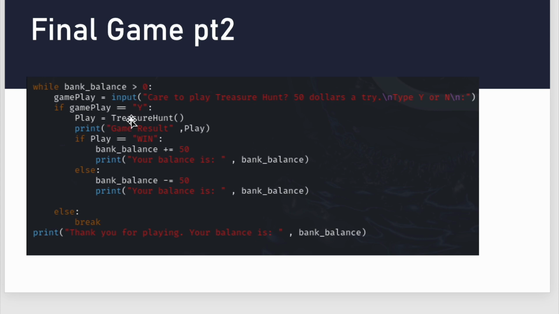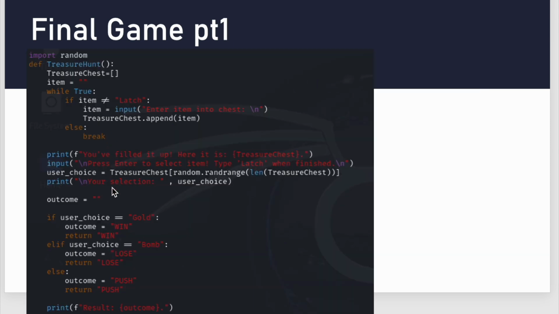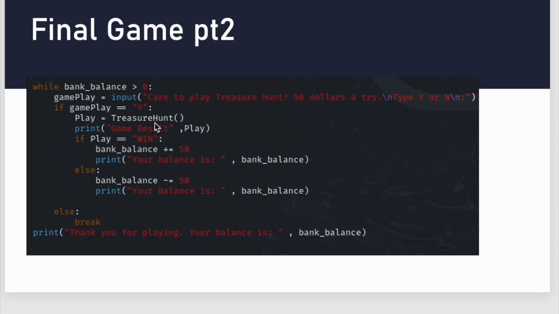That means it's going to instantiate the treasure hunt function, meaning that it's actually going to execute it, and it's going to capture that execution in this play variable. Now, the game result will be the result of the return value, whether it's win or lose, and then it's going to print it.